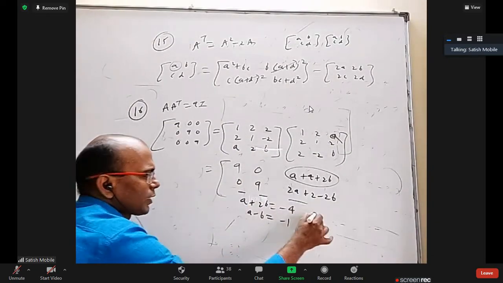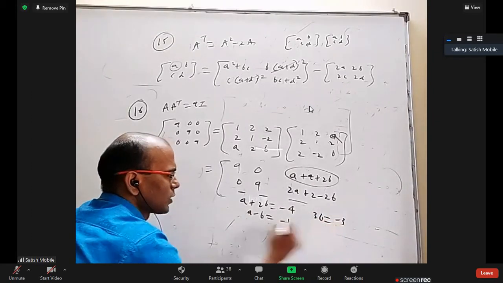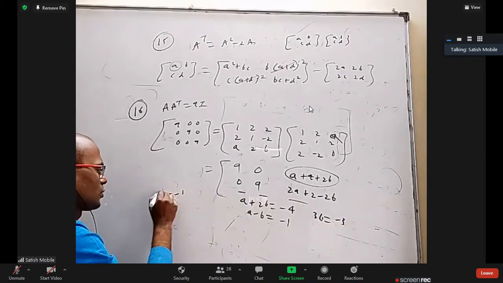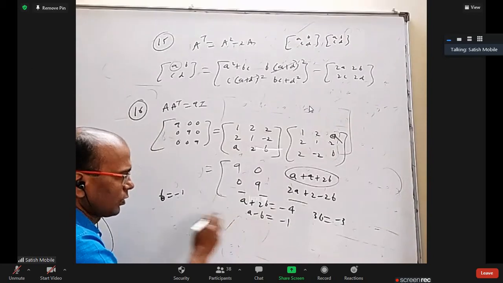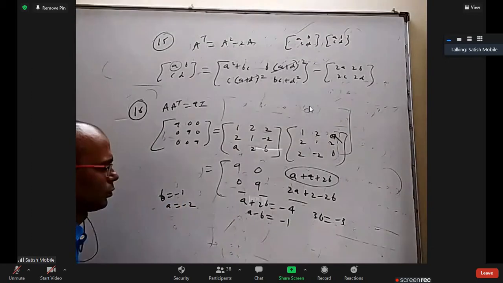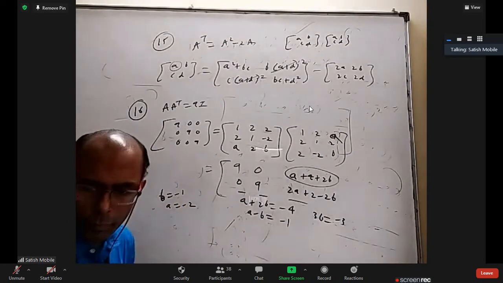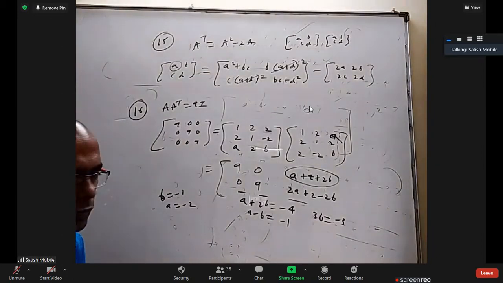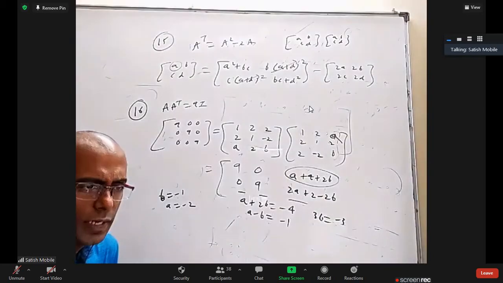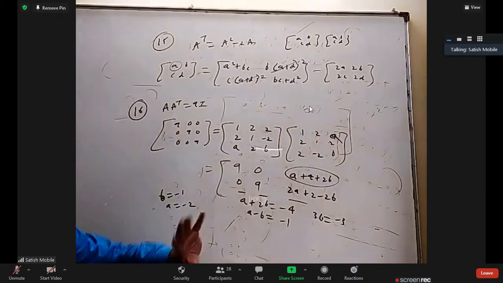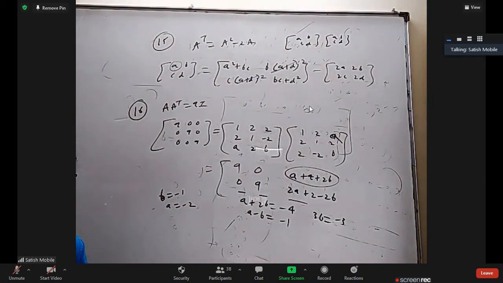Now when I subtract, 3b is equal to minus 3, so I'll get b equal to minus 1. And b is minus 1, a equal to minus 2. Now they want a comma b, so minus 2 comma minus 1. Nothing great, simply finding A into A transpose and equating corresponding elements.